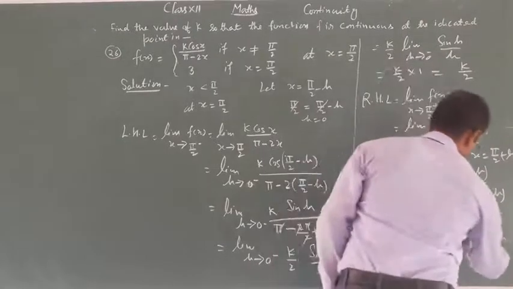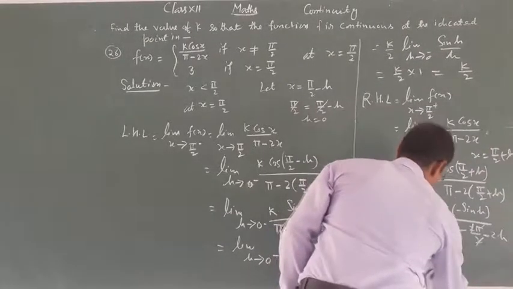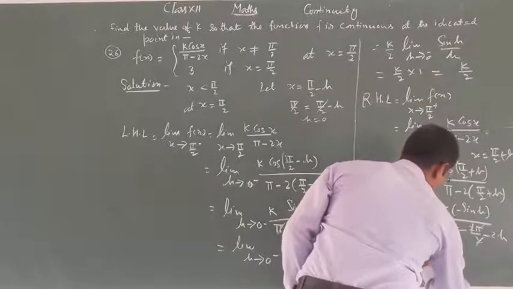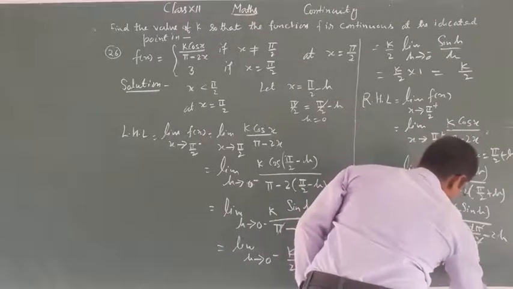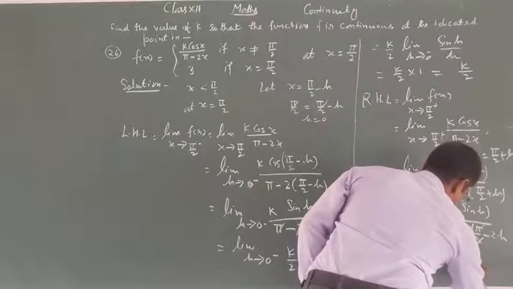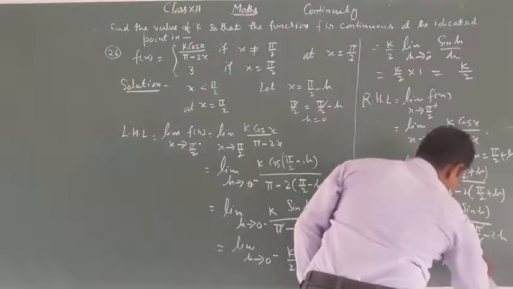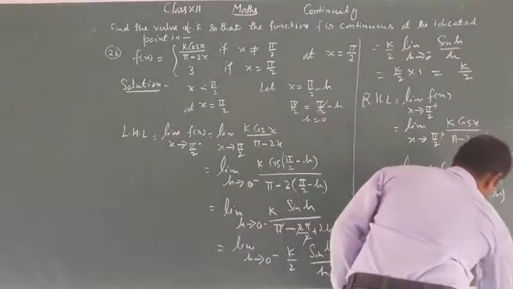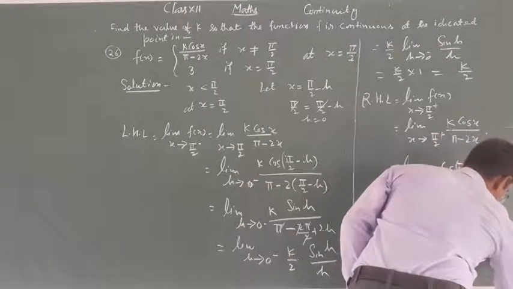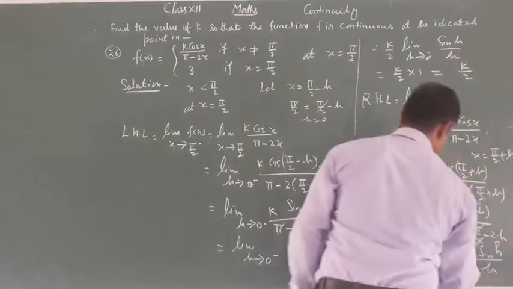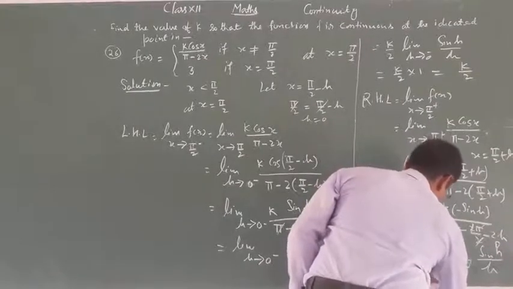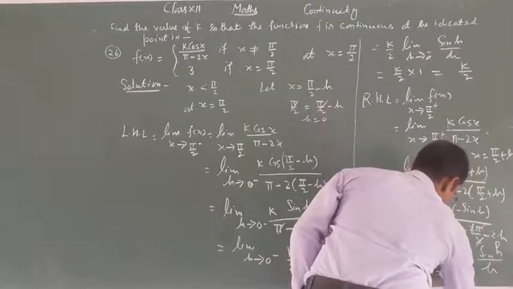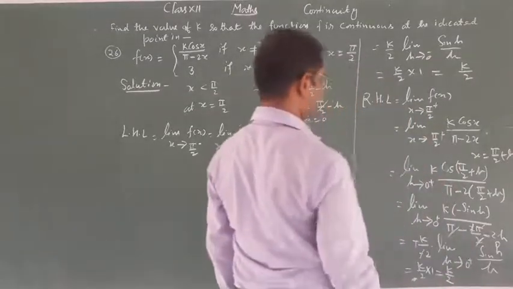So minus k upon minus 2 limit h tends to 0, right hand limit, sin h upon h is equal to k by 2 into 1, which is equal to k by 2.